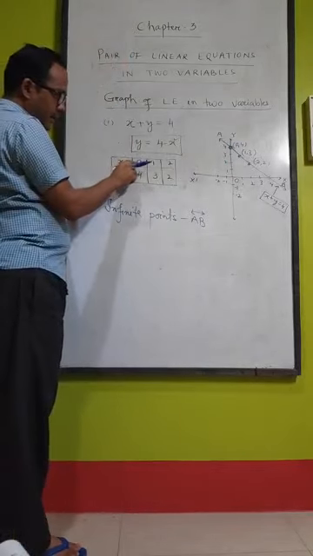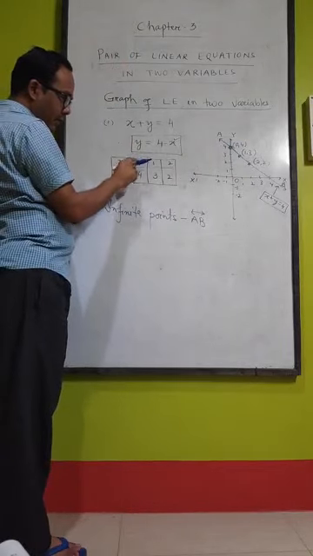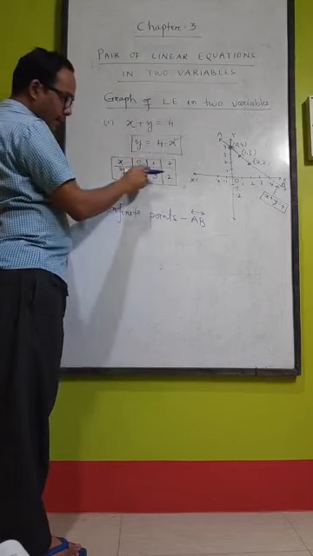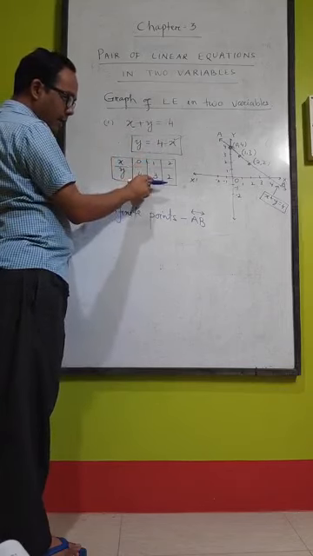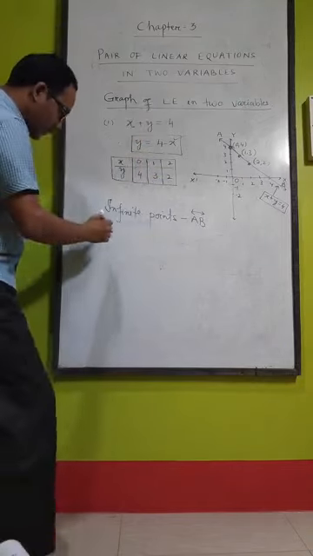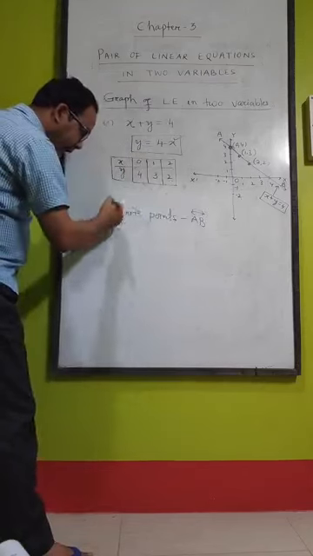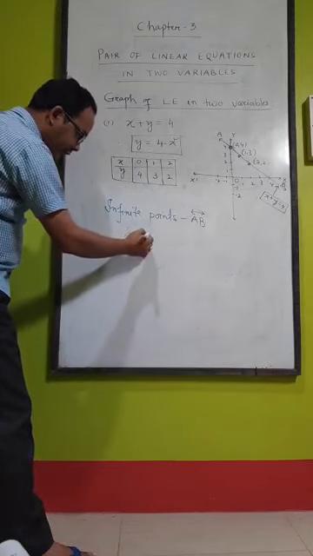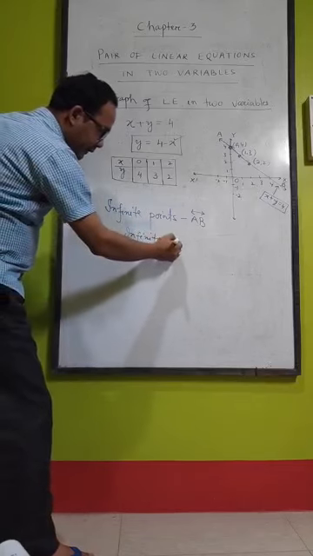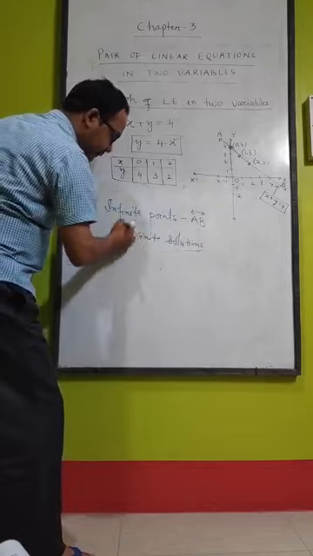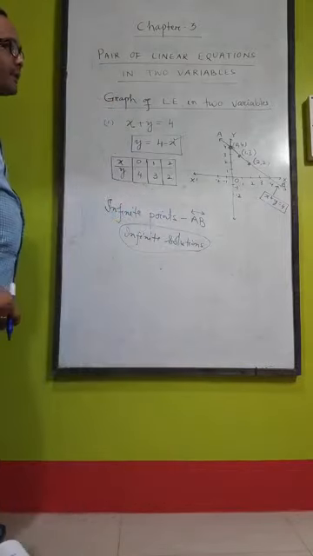It means that x equal to 0 and y equal to 4 is a solution of this linear equation. Again, x equal to 1 and y equal to 3 is another solution. Like this, we can have infinite solutions. As the line has infinite points, we can say that there are infinite solutions for a linear equation in two variables.